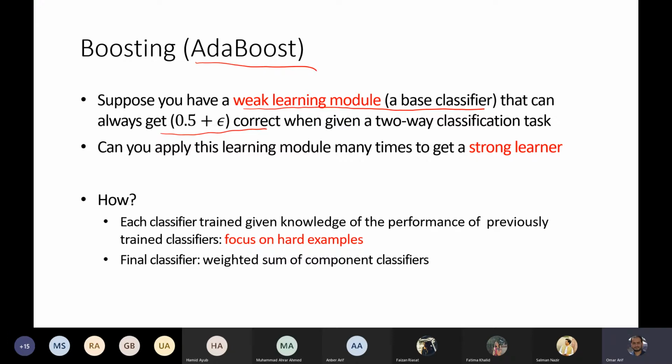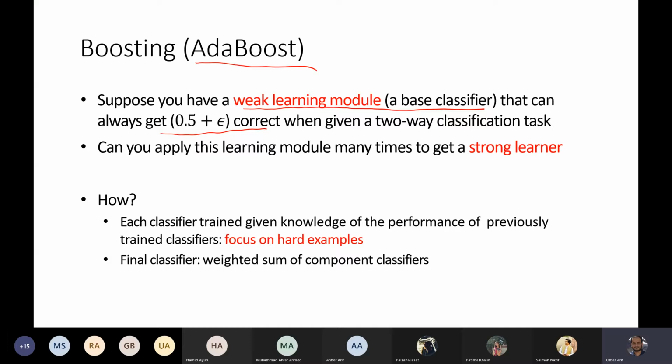Now the question is, can we apply this weak classifier multiple times to get a strong learner, and how can we do that? That is what AdaBoost does. It applies this weak learner or base classifier multiple times to get a strong learner. Each time, it looks at harder and harder examples.